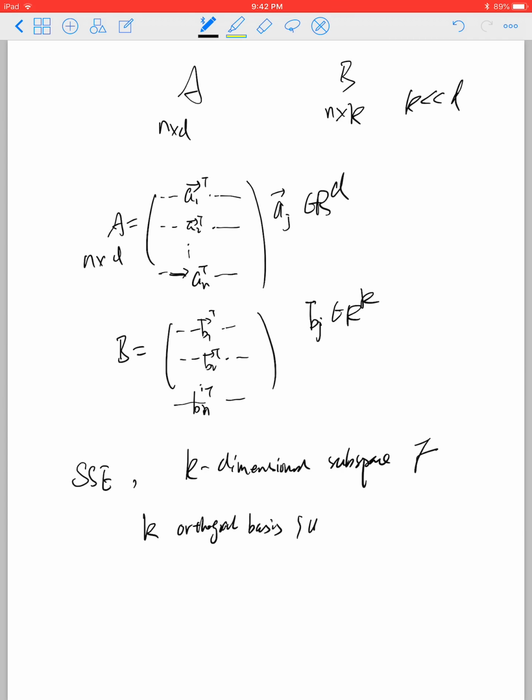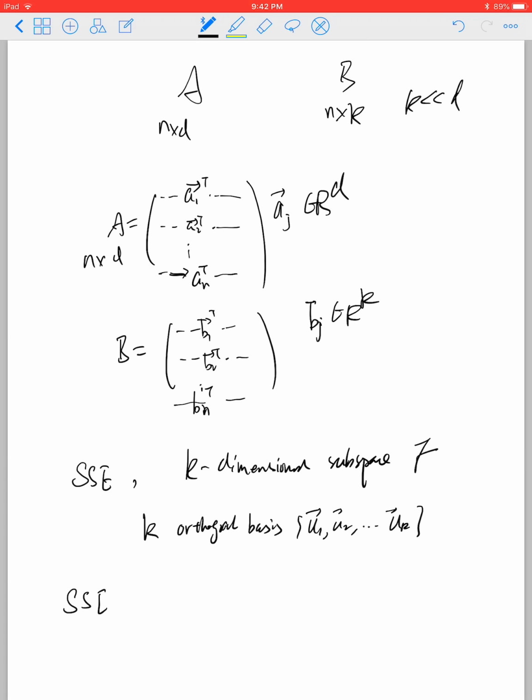The first row is A1 transpose, the second row is A2 transpose, until the nth row is An transpose. Each A1, A2 to An belongs to a d-dimensional space. A is n by d.